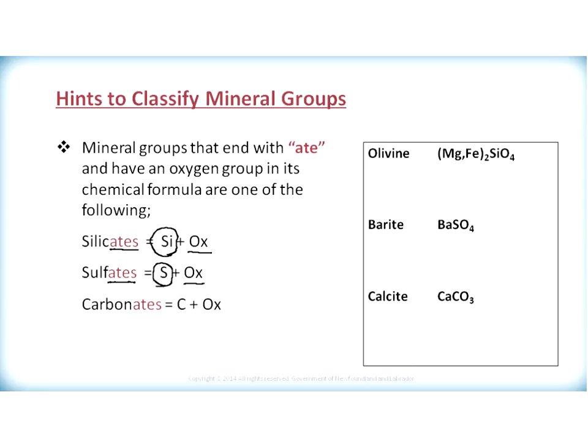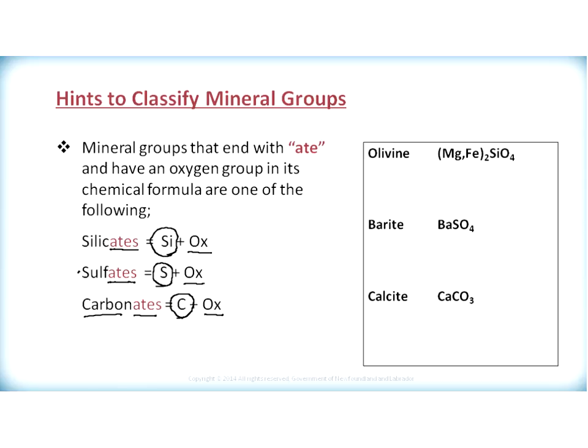Therefore, sulfur in front of oxygen will give you the mineral group sulfates. The third mineral group, carbonates, ends in ATE. Again, it has an oxygen group, and the element directly in front of the oxygen group will be carbon. Therefore, it makes up the mineral group carbonates.